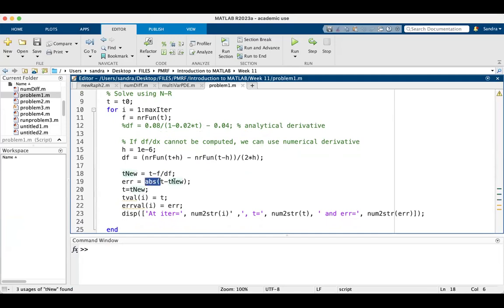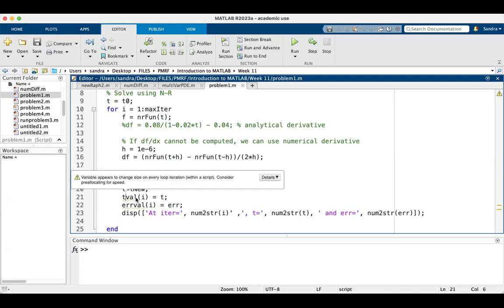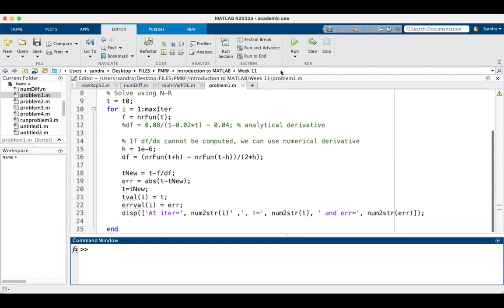I calculate the error, the absolute difference between the old T and the new T, and then I update the T value. I display the T value and the error value for each iteration, and I'm also adding them into an array so that it's easy for comparison. So let me just run this code.